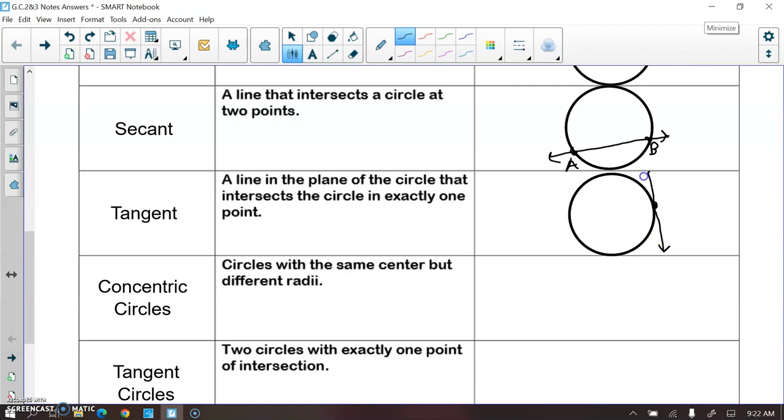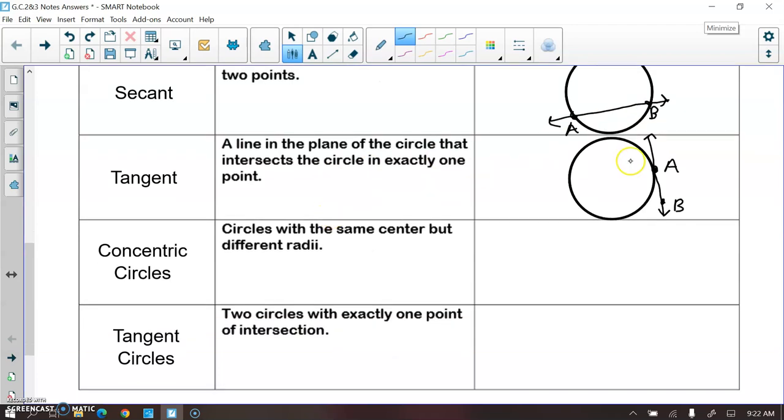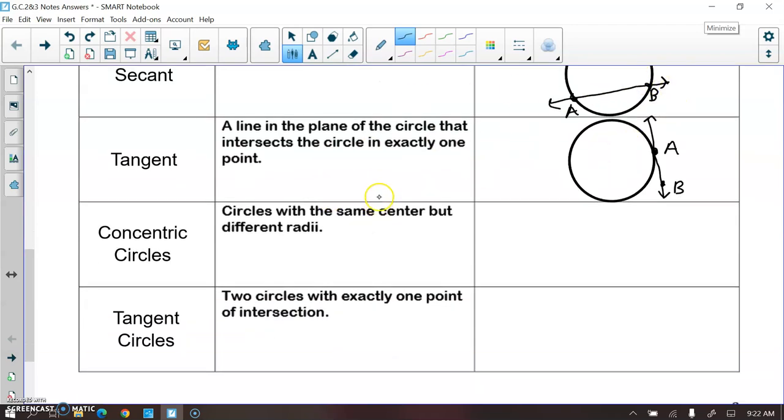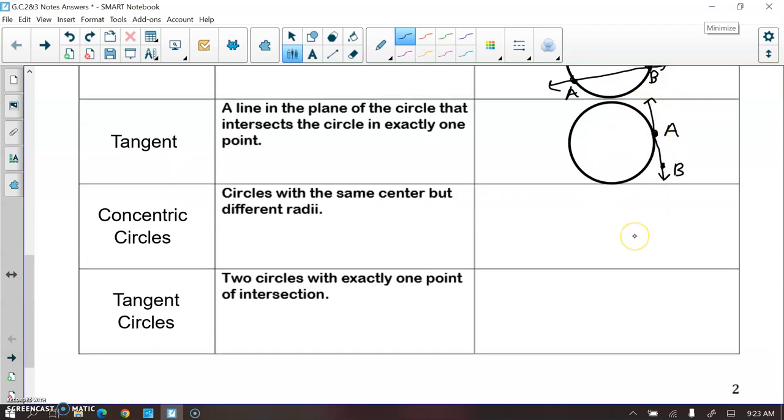So it's only going to intersect the circle at that 1 point. That is a tangent line. So the difference between a secant line and a tangent line is a secant intersects the circle at 2 points and goes through the circle, whereas a tangent line only intersects the circle at 1 point, and it doesn't go through the circle, it's just on the outside of your circle.